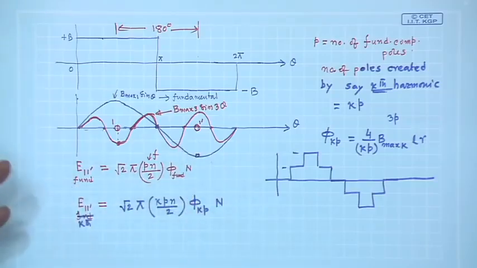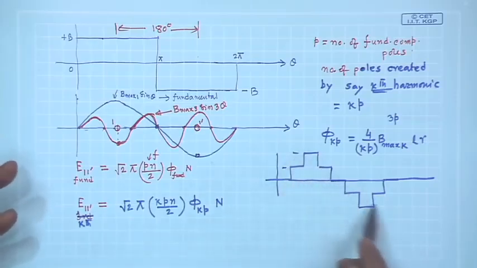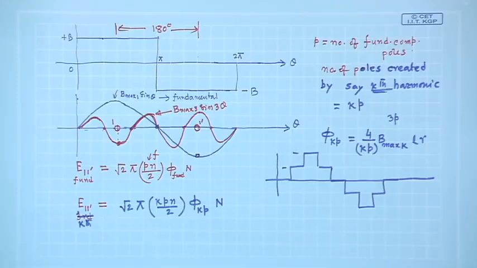And what will be the RMS value of this waveform? This can also be calculated by squaring each of the RMS voltages, summing them up and finally taking the square root.